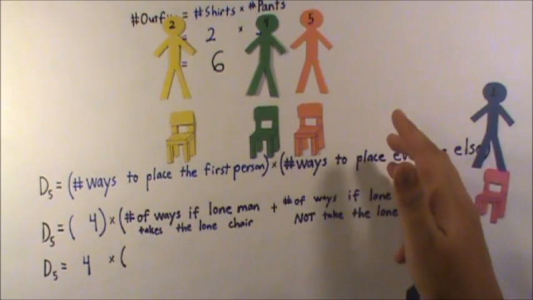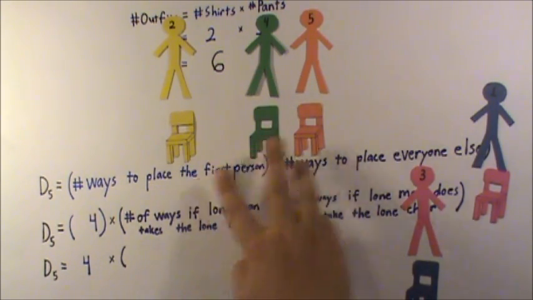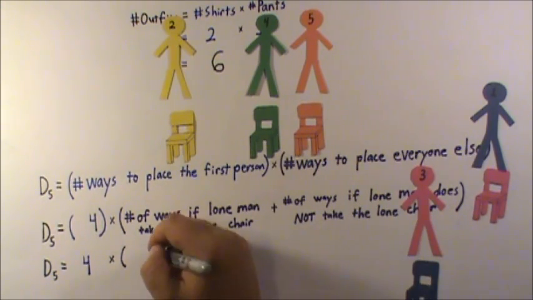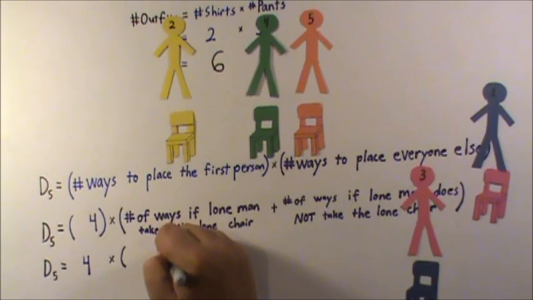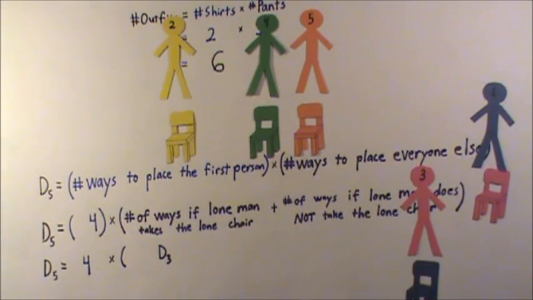So we want to know how many ways 3 people could be seated in 3 chairs where no one gets their own chair. That's by definition D3. It's the number of ways to derange 3 objects, which we did calculate before, and we said was 2.